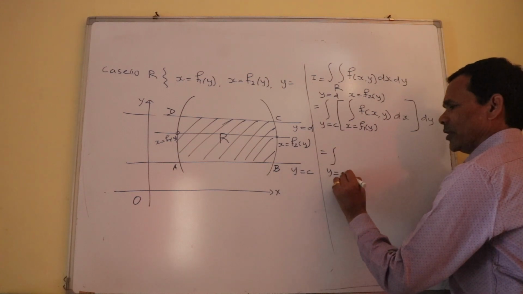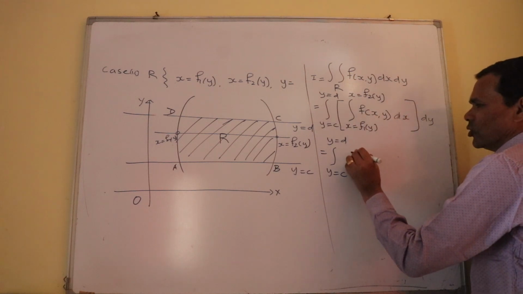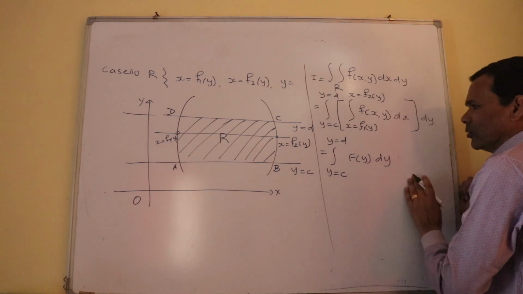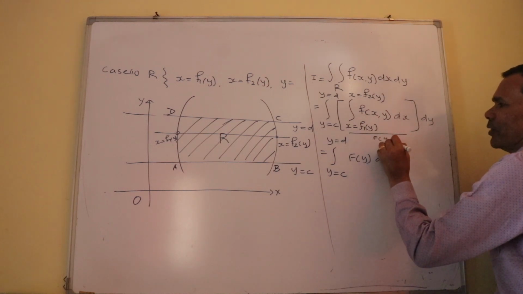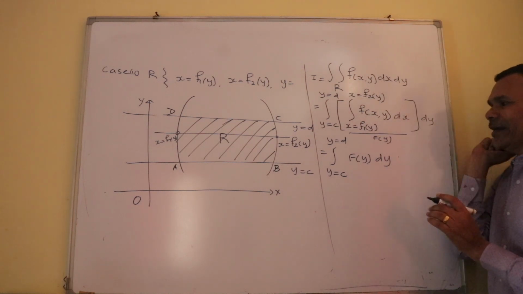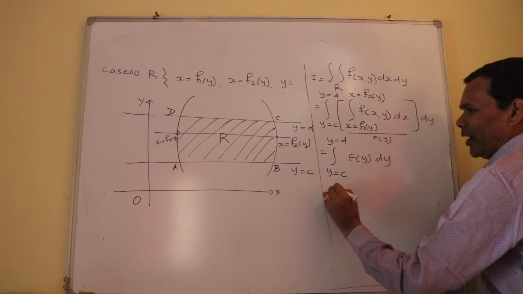Y is equal to c to y is equal to d, and this is naturally a function of y you are getting. If you evaluate this, you are getting a function of y, because while integrating with respect to x, y is regarded as a constant. If you apply the limits, then you are getting some function of y there.